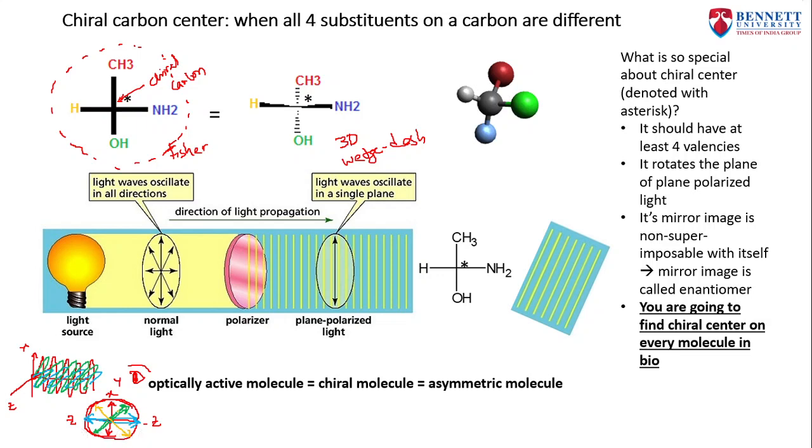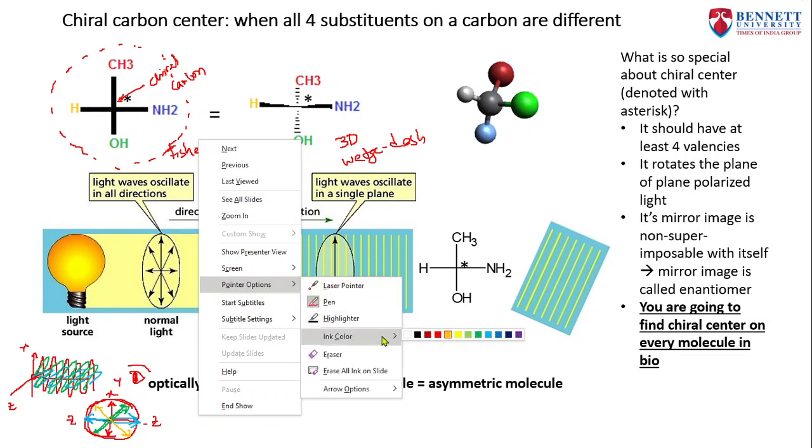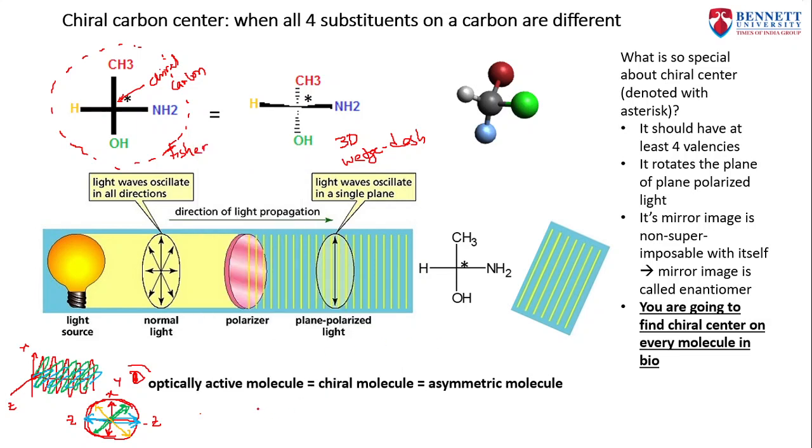So one of them like this, one like this, one like this, and another like this. This is a normal light. When you pass it through a crystal called a polarizer, depending on the axis of the crystal, it lets only one plane of the light go through.